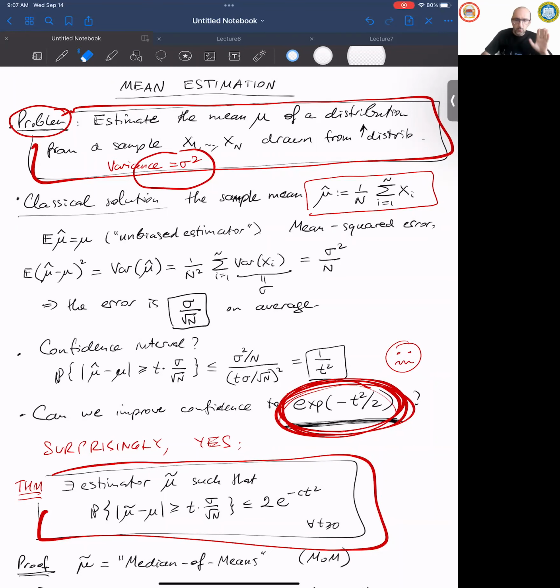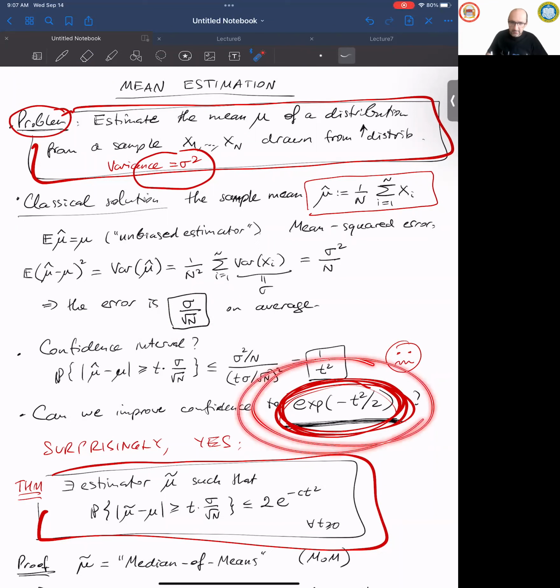We care about two things here. One is the average error, and you can't beat the rate of the average error of the classical estimator. And the other is how confident are we about this? In statistics we say probably approximately correct. Probably here, approximately correct.